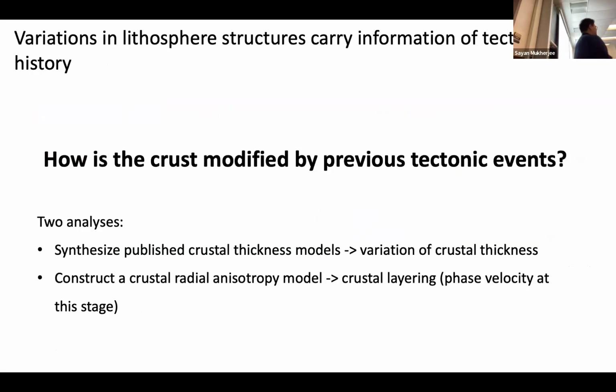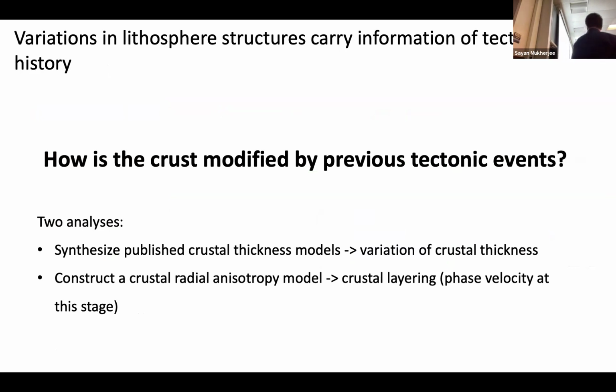Since variations in the lithosphere structures carry information about the tectonic history, we would like to explore reversely to see how the crust is modified by those tectonic events. To answer this question, we mainly use two approaches.